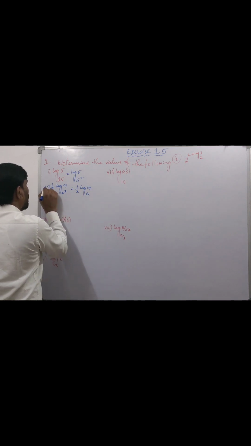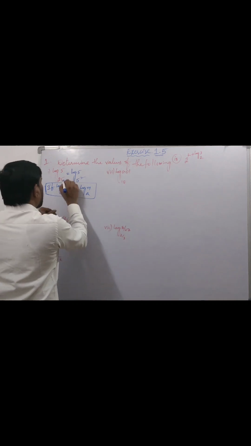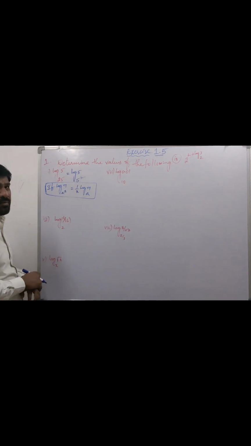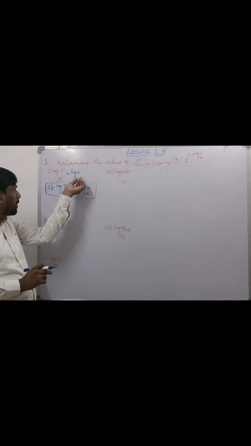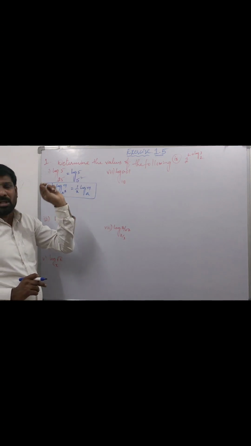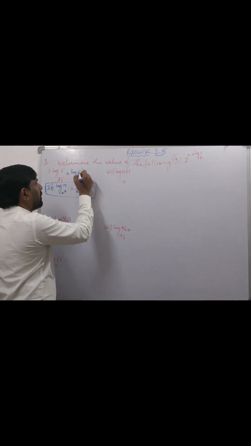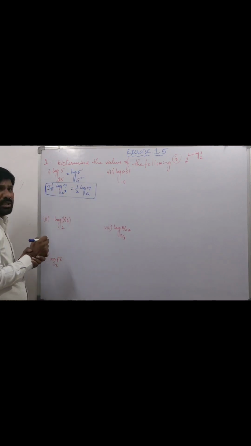We have seen both at a time, that is, logarithm of m power p to the base a power p. In this particular problem only the base has a power, not the number.